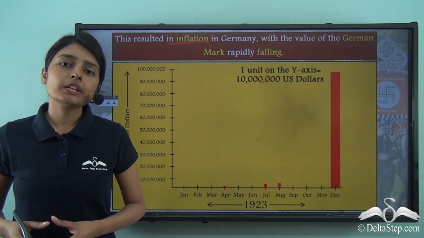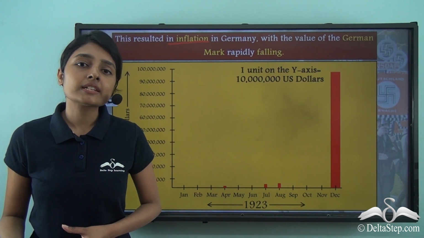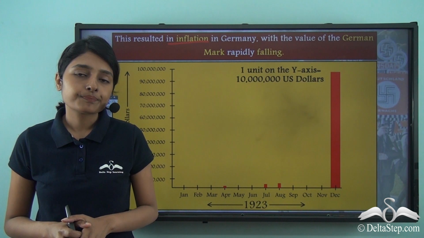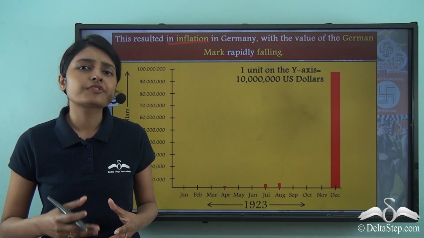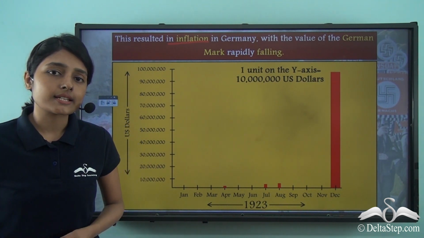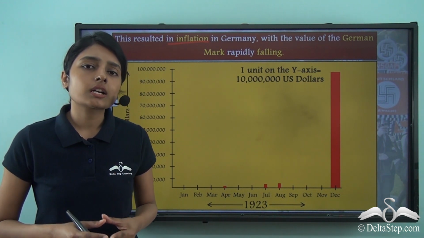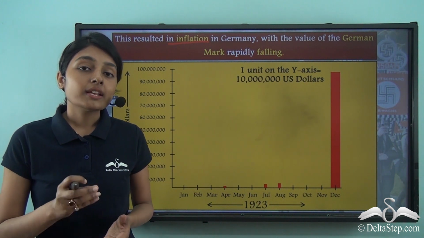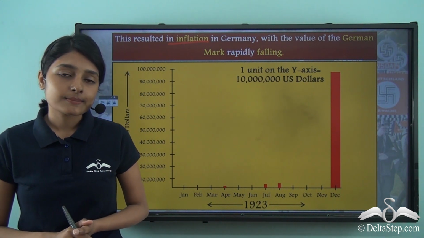Now, when the German economy failed to meet the ever-increasing demands of the people, inflation occurred in Germany. That is to say, the prices of different things started increasing. Now, when inflation occurs in any country, the purchasing power of that country's currency falls.